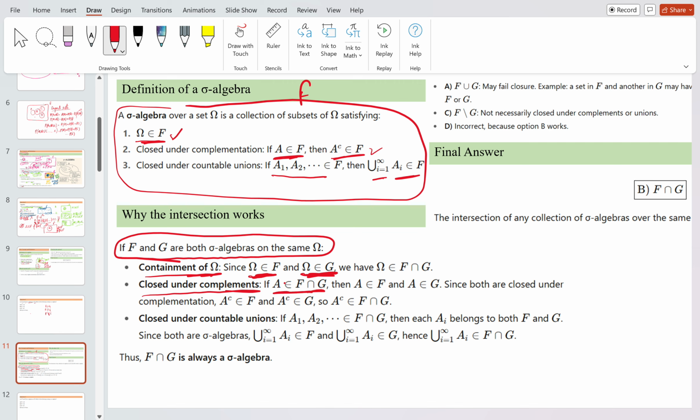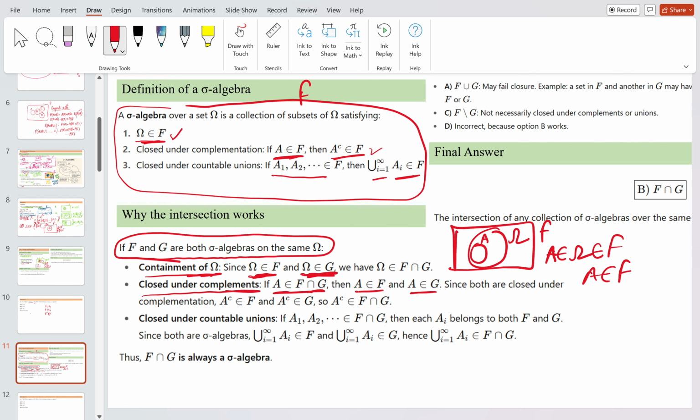If A belongs to F intersection G, it means A belongs to F and A belongs to G. Same concept: suppose this is F, this is sigma, and this is A. If A belongs to F and A belongs to omega, it means omega also belongs to F. Same criteria: A belongs to F and A belongs to G. So it means A complement will also belong to F. Why?